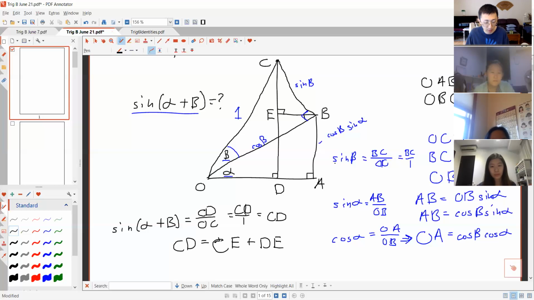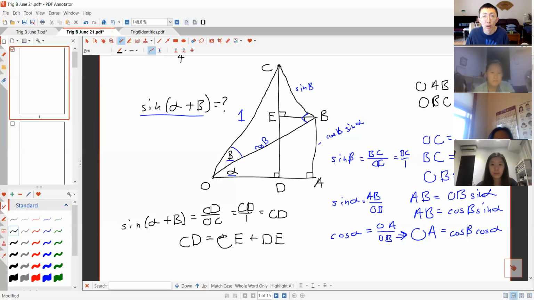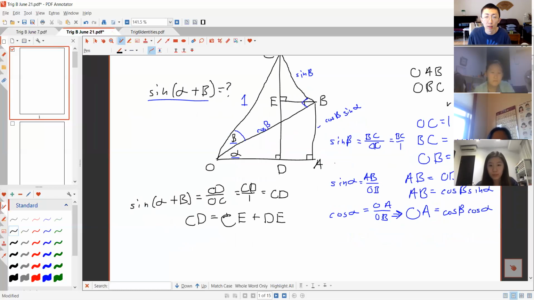Let me zoom out a bit. And then DE is AB, because ABED is a rectangle. Right? This is a rectangle. So yeah, that means this is cos beta sine of alpha.